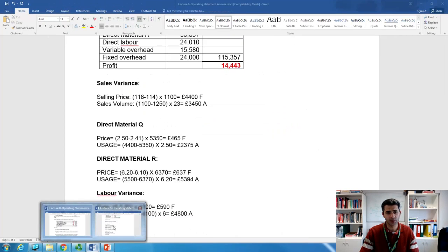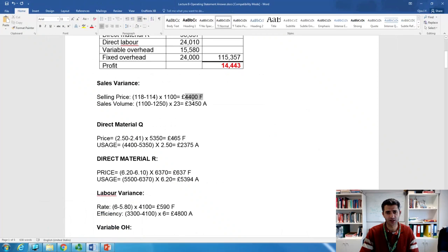If you apply this, you should be able to find the answer is 4,400 pound favorable. Why is it favorable? Because as you see, the actual selling price per unit is more than the budgeted selling price per unit. So that's normal to be favorable.